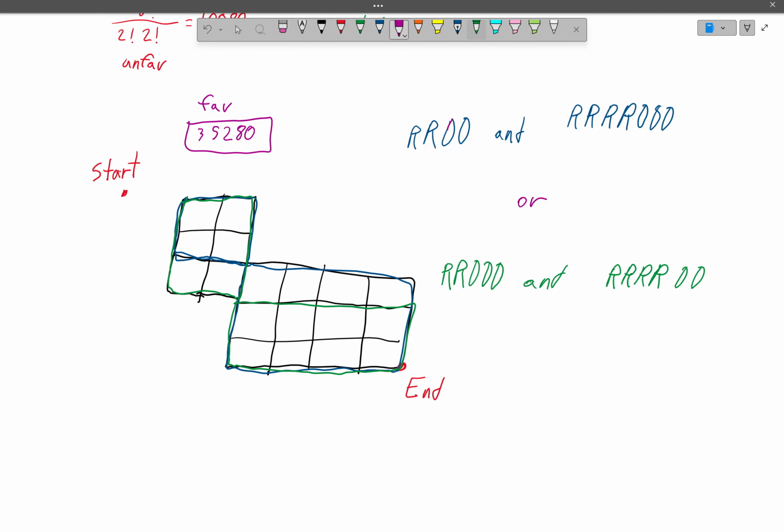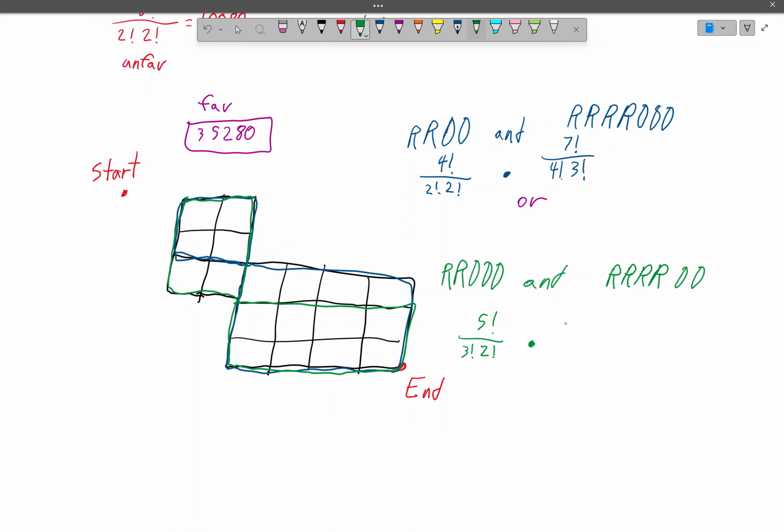And so for the blue part, we can now say this is 4 factorial over 2 factorial, 2 factorial. And so it's multiplying 7 factorial over 4 factorial, 3 factorial. The green part is 5 factorial over 3 factorial, 2 factorial.